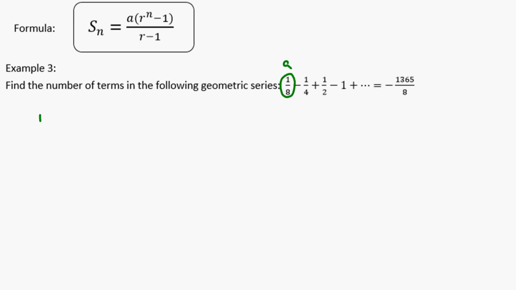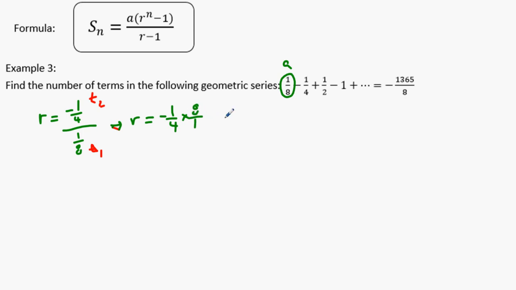Great. My R value, I'm going to divide consecutive terms. So if I do negative 1 over 4 divided by 1 over 8, this is really T2 over T1. So my R value will be, a little bit of math here, negative 1/4 divided by, so instead of divided by I can do times, and I do the reciprocal of 1 over 8, so it's 8 over 1.